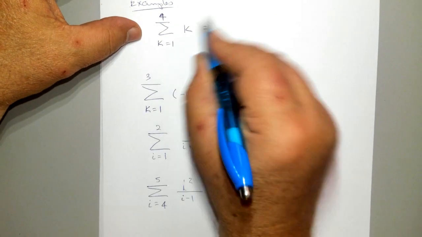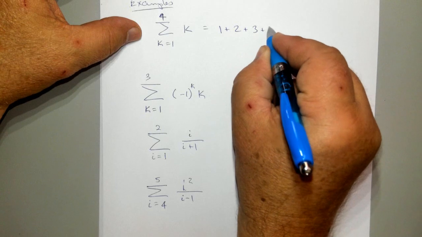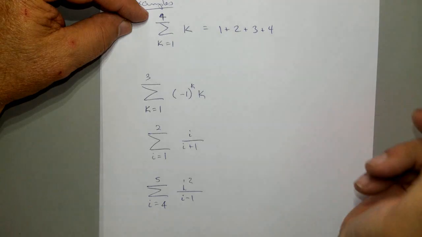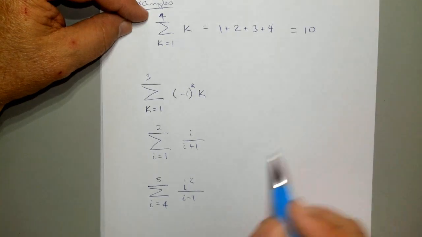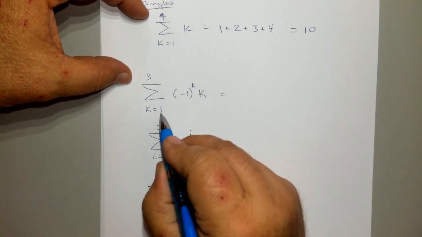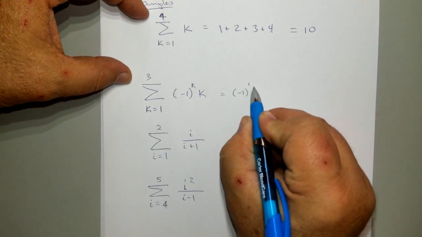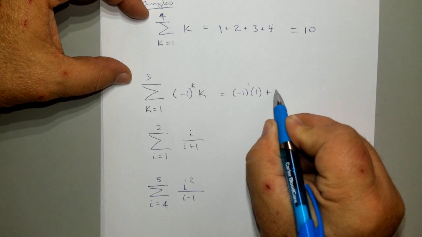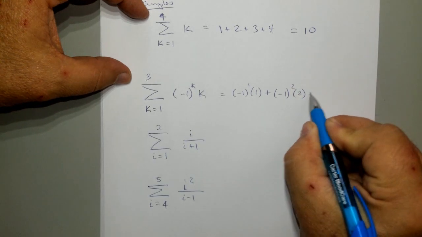As I was saying here, starting with 1, go to 4. 4 plus 1 is 5, equals 10. Very good. And the next one, 1 to 3. Negative 1 to the power 1 of 1. Negative 1 to the power 2 of 2.